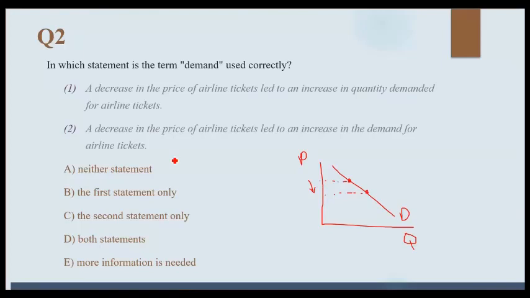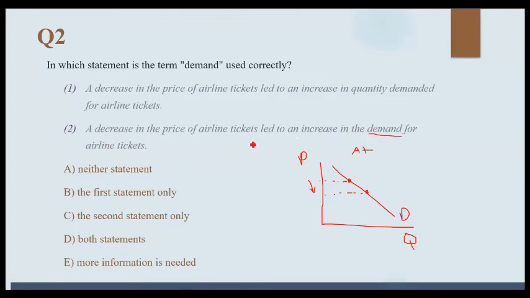Here, let's start with the second one. This says a decrease in the price of airline tickets. Let's say this is the demand curve for airline tickets, AT, and the price goes down. Did we say that the price of the good itself would shift the curve? No. It says a decrease in the price of airline tickets led to an increase in the demand, without the word quantity.